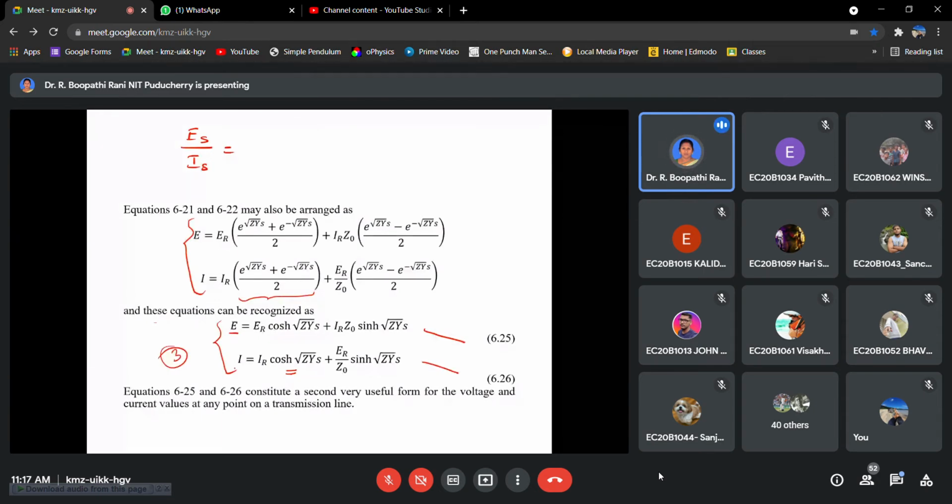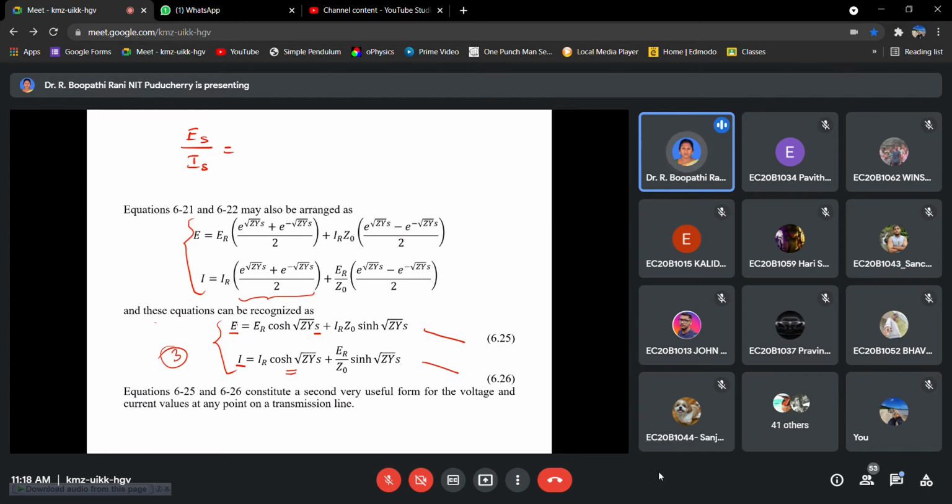If this E must be equal to ES, what should be the value of S? S is the distance from the receiving end to the point we consider.